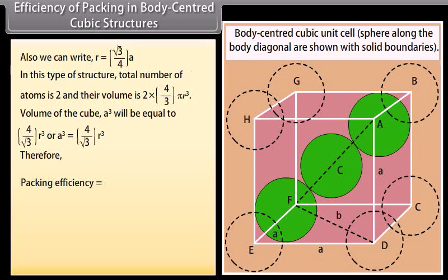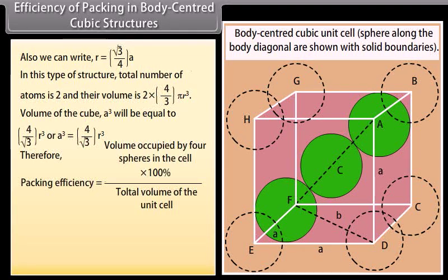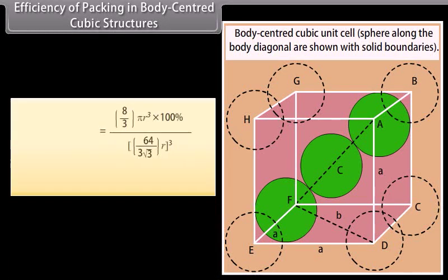Therefore, packing efficiency is equal to volume occupied by two spheres in the cell into 100 upon total volume of the unit cell, which is equal to 2 into 4/3 pi r cube into 100 upon 4 upon square root 3 r cube, which is equal to 8/3 pi r cube into 100 upon 64 upon 3 into square root 3 r cube, which is equal to 68%.